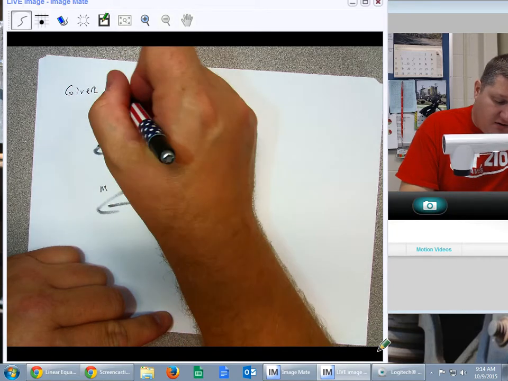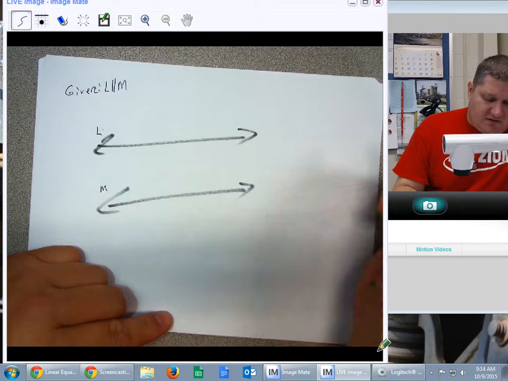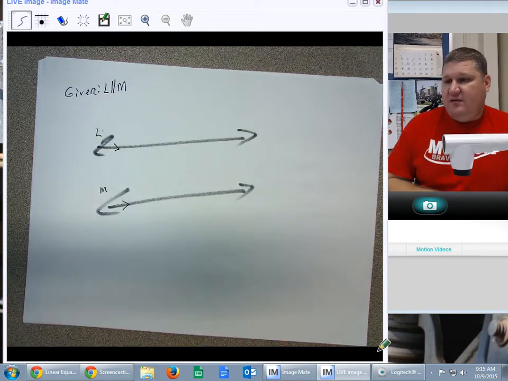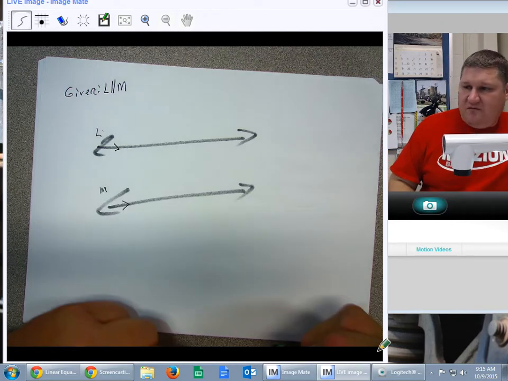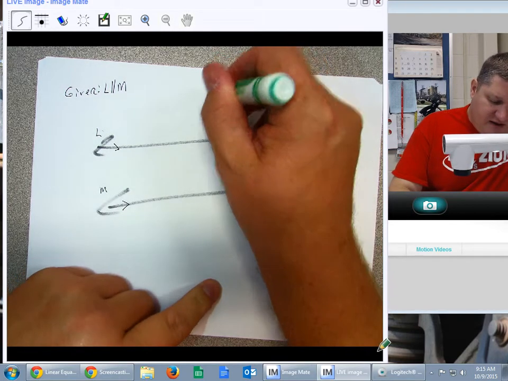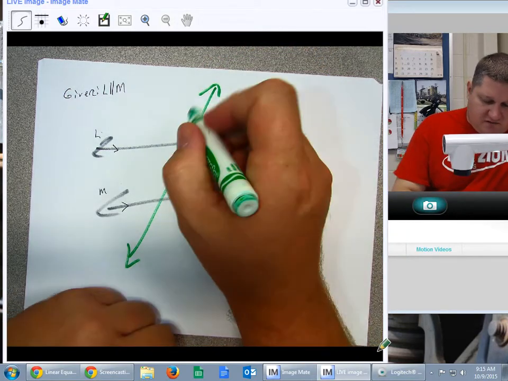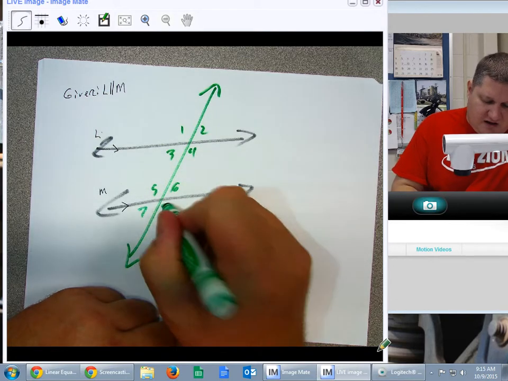That means parallel to M. If you're given that L is parallel to M, what I can do is I can put little arrows on these 2 lines. Those are the symbols for parallel. Now, if I cut this by a transversal, I have some special relationships. 1, 2, 3, 4, 5, 6, 7, 8.